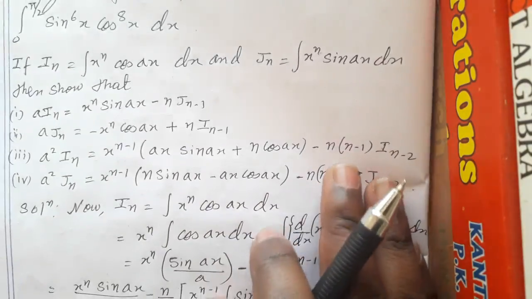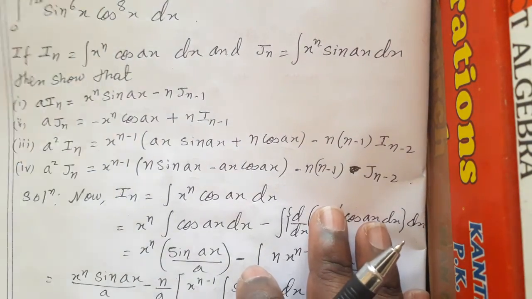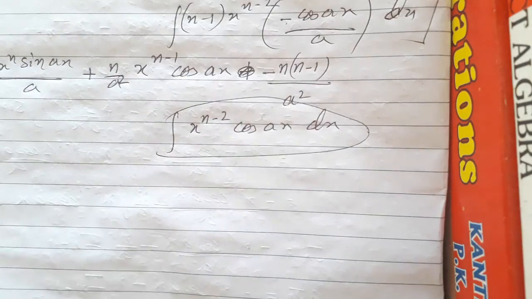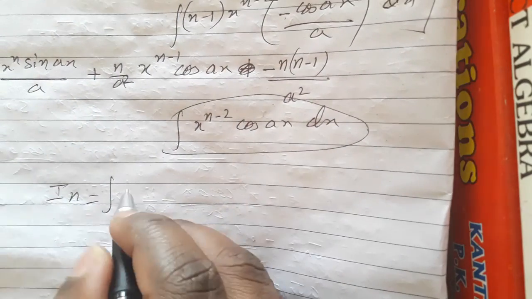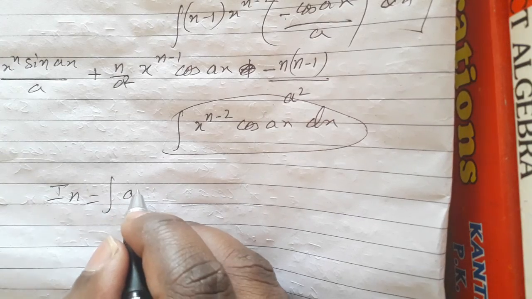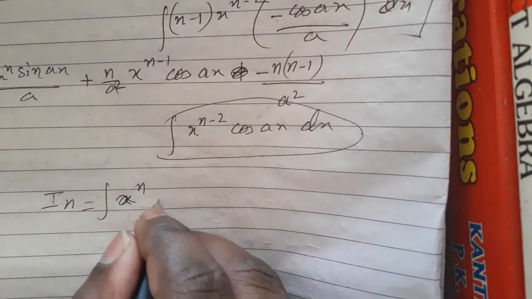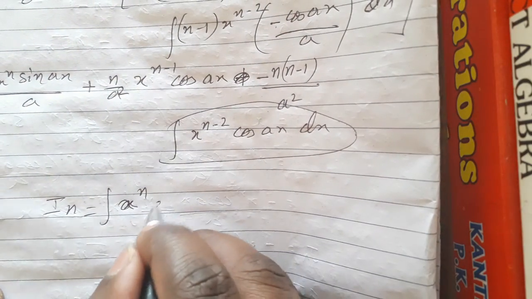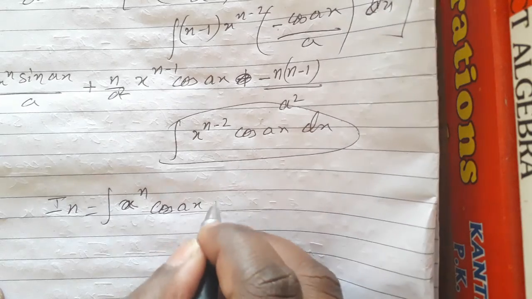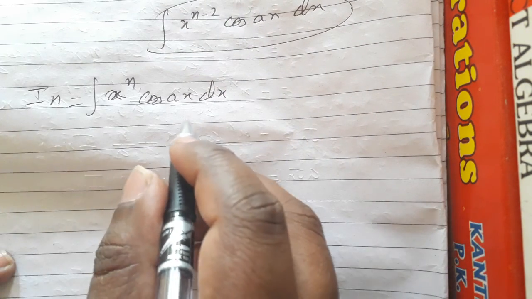Now we try to do this question here. Let us reduce the first part. Here I_n is equal to the integral of x^n cos ax dx.